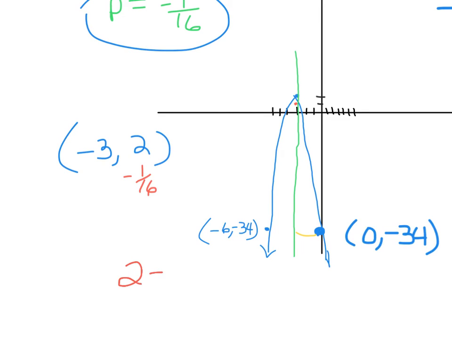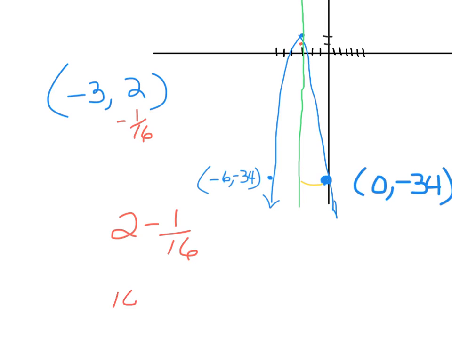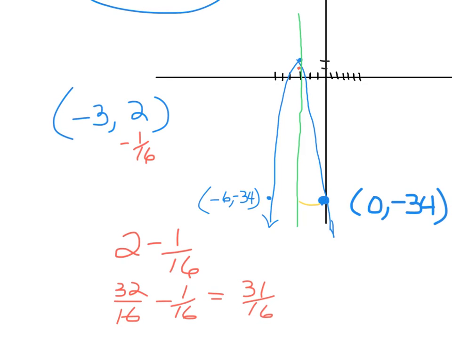So I'm really doing 2 minus 1/16. Common denominator here, I can change this to 32/16, and I get 31/16. So my focus point is actually the ordered pair -3 and 31/16. If you want to make it a mixed number, you can.